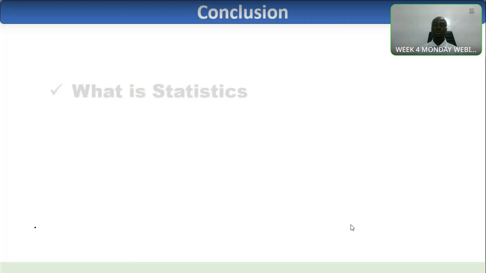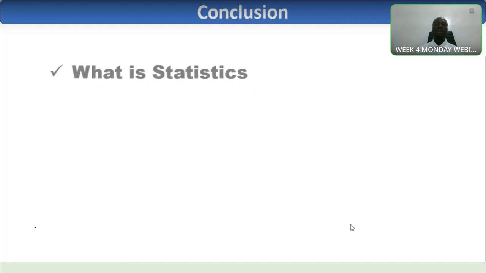So in conclusion, we have been able to look at statistics as a branch of science, or let's say a branch of mathematics, which deals with the collection, analysis, and presentation of insights derived from data. And like I said before, statisticians have been the ones in charge of data collection and data usage for more than a century.